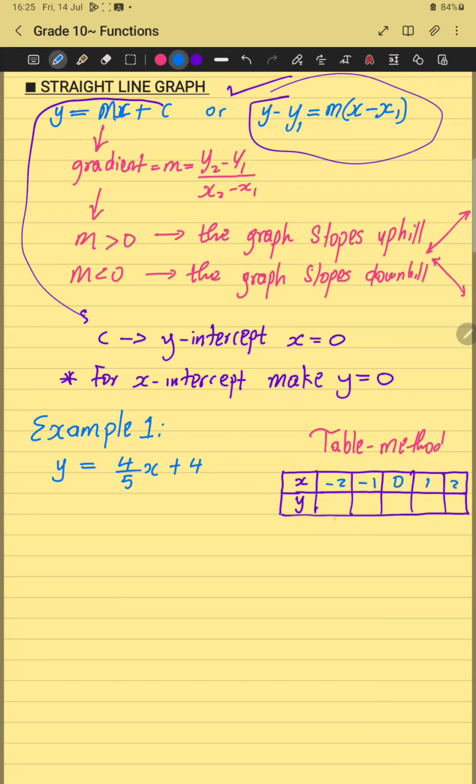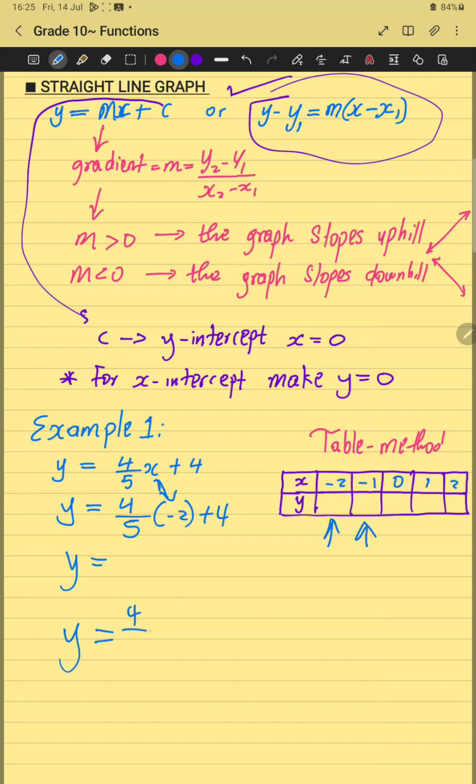If we want to get the first value of y, remember the first value of x here is -2. So we say y is equal to 4/5, and then in the place of x over here, we're just going to plug in this value, which is -2. -2 will come up here. This is how we do this part. And then you add 4. Okay, so then we're going to get the y here, and the same applies if you want to get the second y value, which is this one.